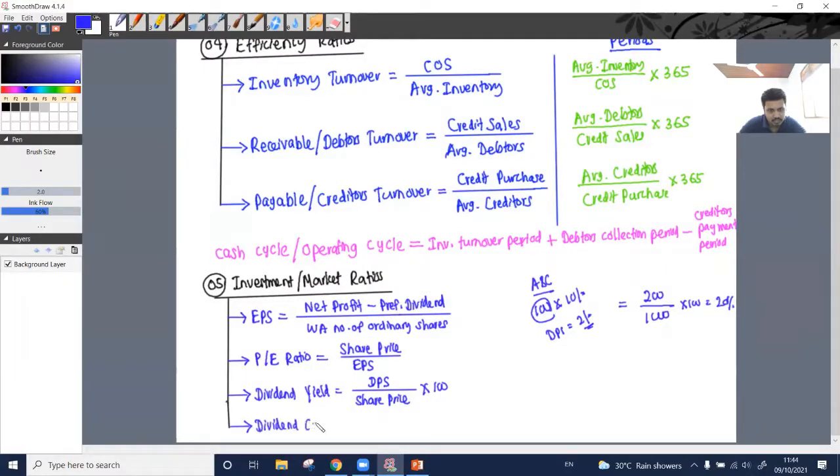That can be computed by dividing the earnings per share by dividend per share.